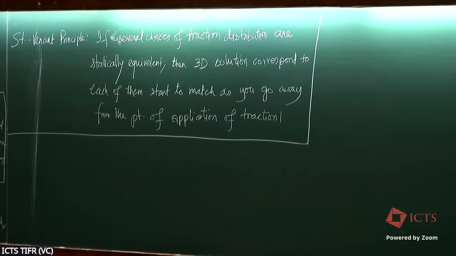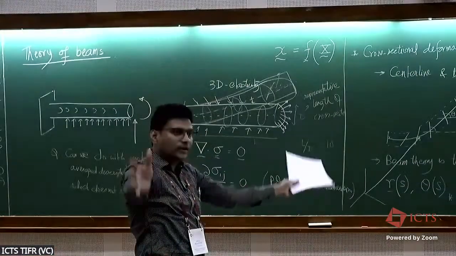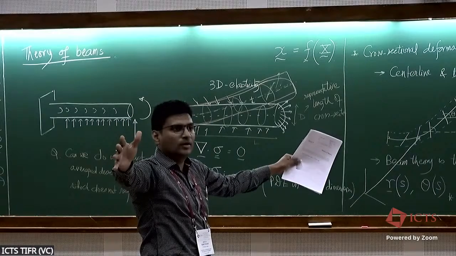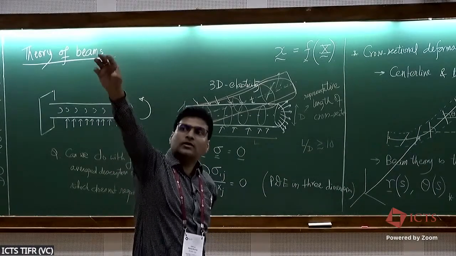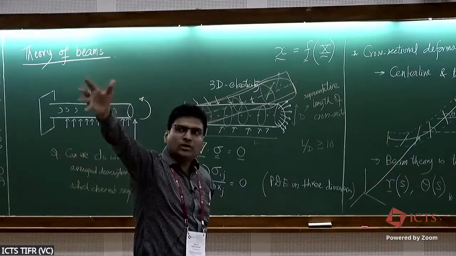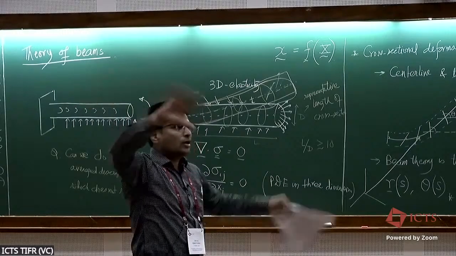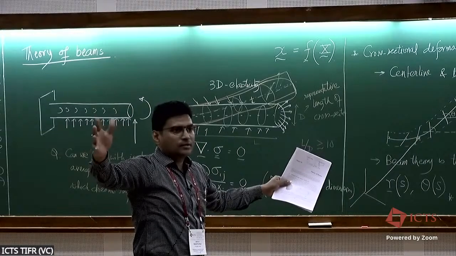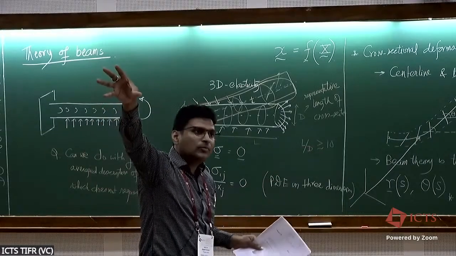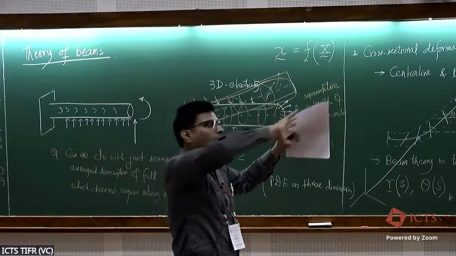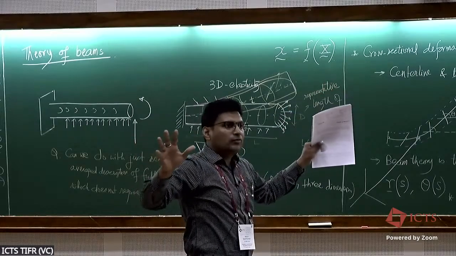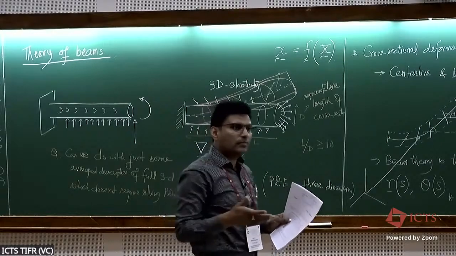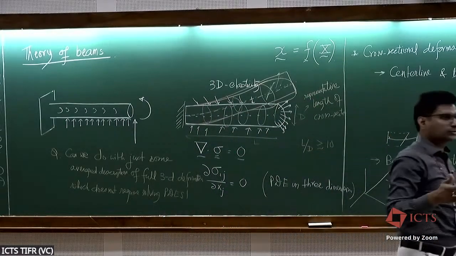If you have a general 3D body, like a spherical body or a body having the shape of the room, and you are applying a load, let's say, at that corner using different traction distributions, then how will the walls deform? It's the same thing. If you're away from the point of application of the load, the walls everywhere else will deform similarly. So the Saint-Venant principle holds not just for beam-like bodies, but also for general three-dimensional bodies.